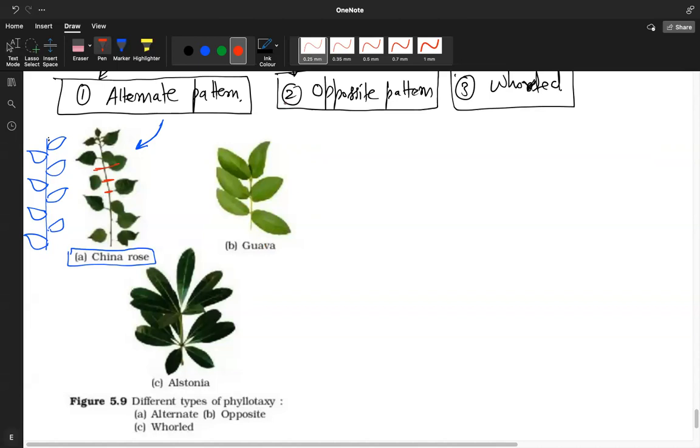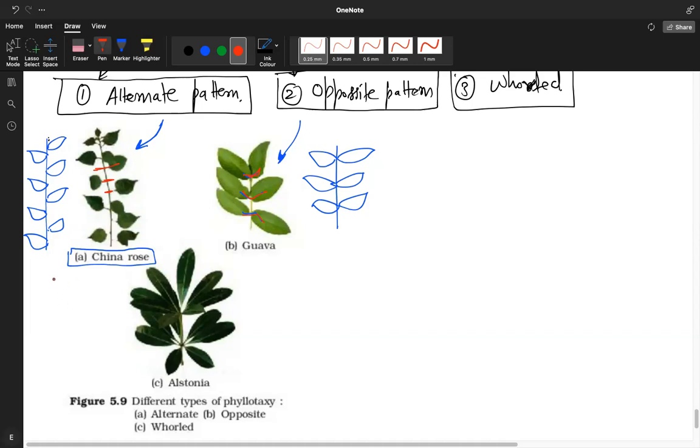Now let's come to the second part, which is the opposite pattern. So this one is the opposite. In opposite, see that there's an axis, and on the same node there will be two leaves in opposite orientation. Is it clear? Can you see here? At every node there are two leaves. So write down, examples here are China rose.